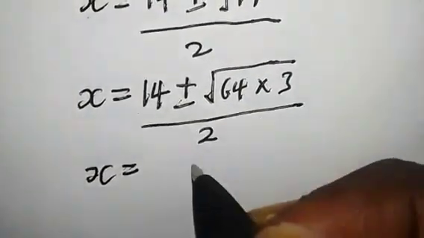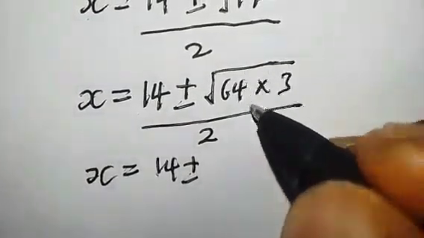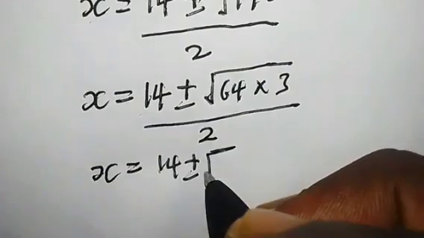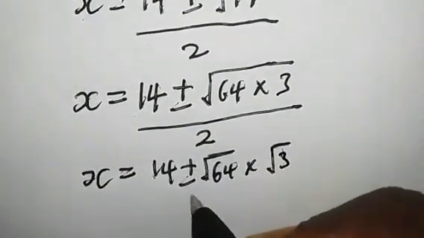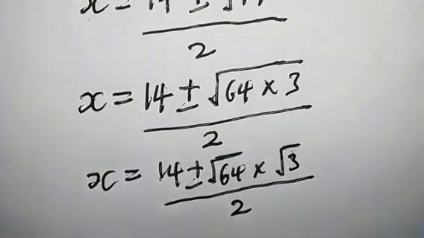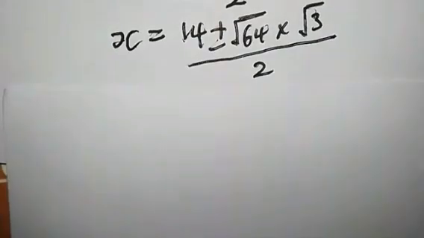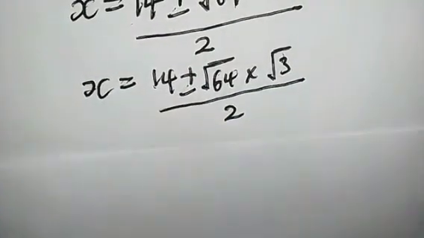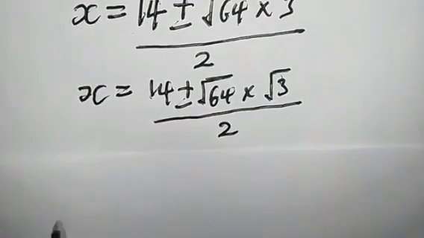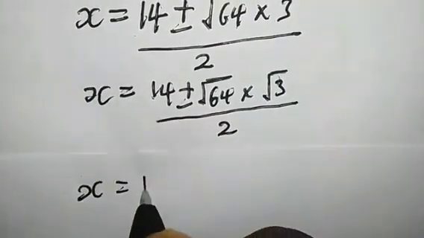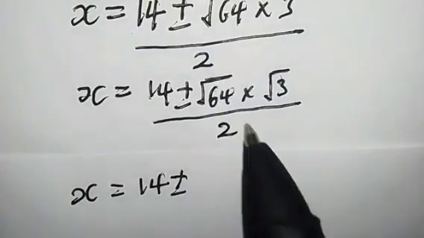x equal to 14 plus or minus. This whole thing could be written as square root of 64 times square root of 3 divided by 2. So we have x equal to 14 plus or minus, what is square root of 64?